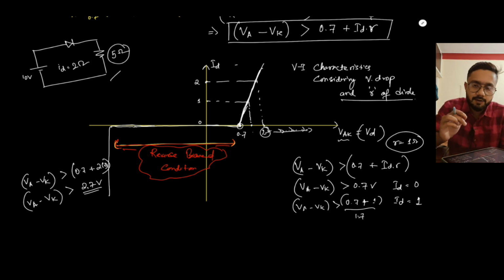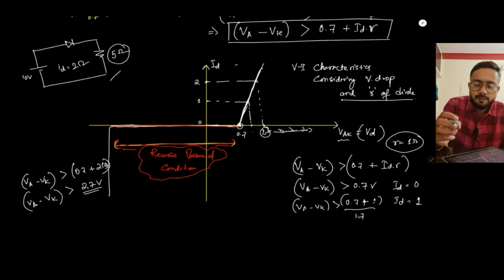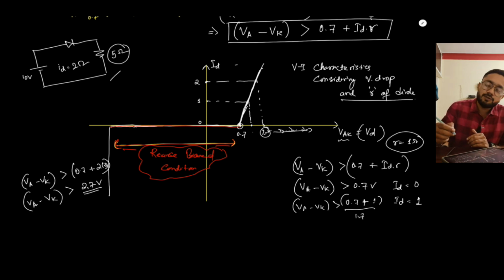Basically the current through the diode will be 0 in this reverse bias condition, as evident from this graph. Okay, but what happens is that a very small amount of current keeps flowing through the diode, even during reverse bias condition. This is basically due to the minority charge carriers present inside the diode, and because of these minority charge carriers, a small amount of current flows through the diode even when the diode is in reverse bias condition. Okay, and that current is called the reverse saturation current.